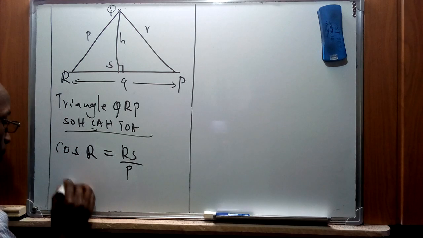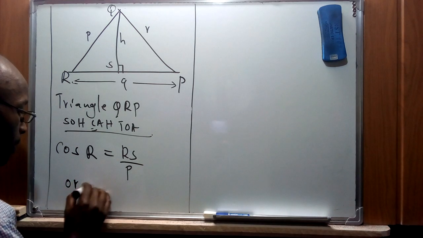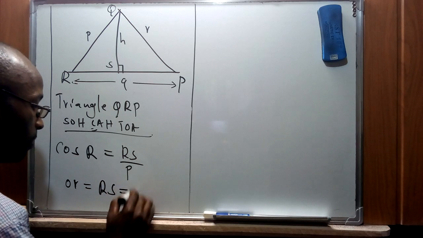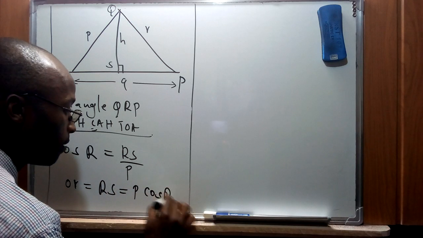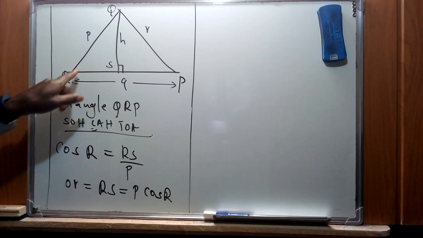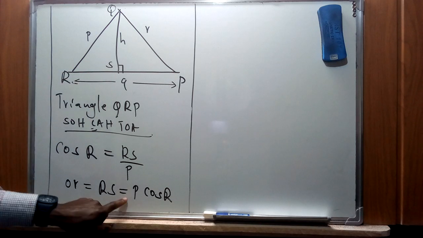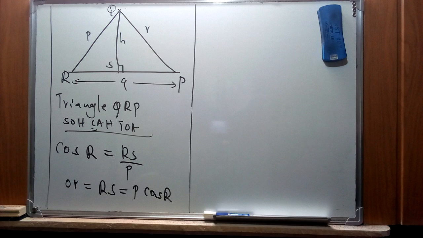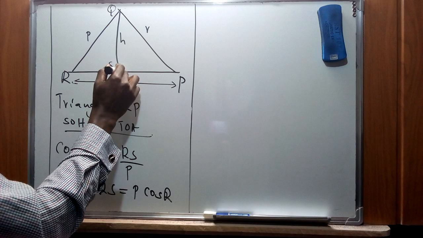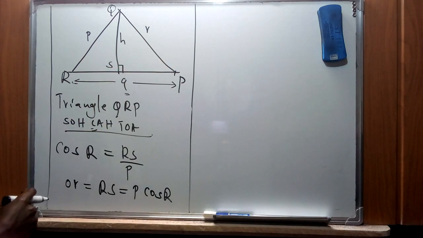So this is going to give us the concept that the distance RS can be given as p cosine of R. If we compare this one with the distance q, we have found the distance RS. So in trying to compare the distance with the distance q, we can define the distance SP using this particular concept.